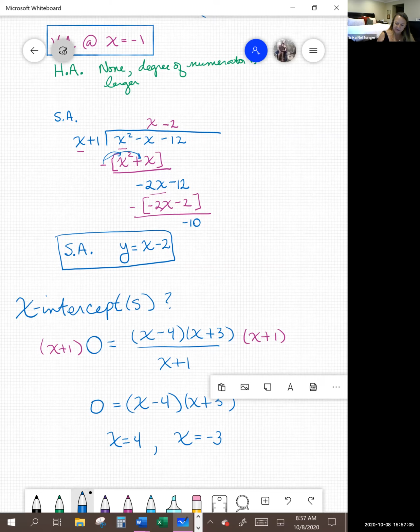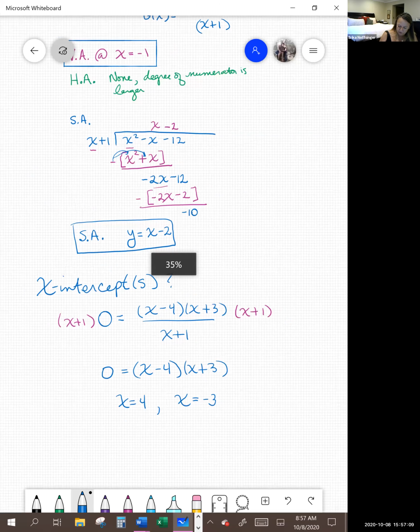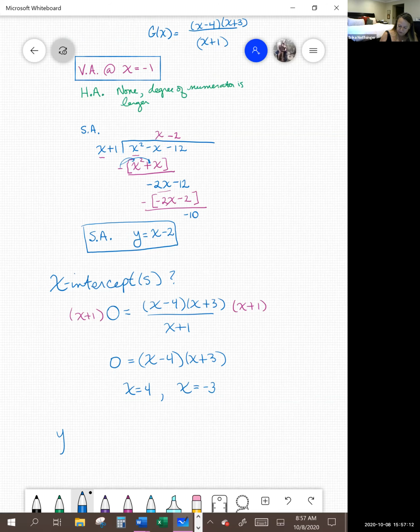And then y-intercept. Well, that occurs when x is 0. So if we look at g of 0, plug in 0 wherever we see an x. It doesn't matter, I have the factored form up here, so I'll just do it.